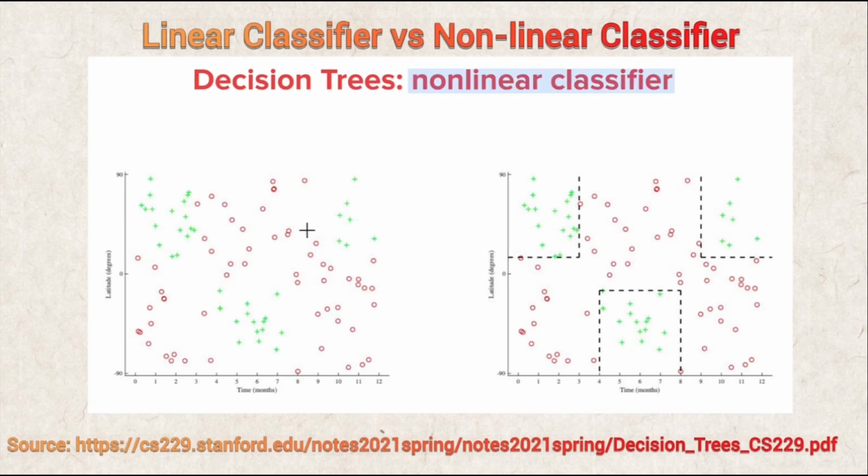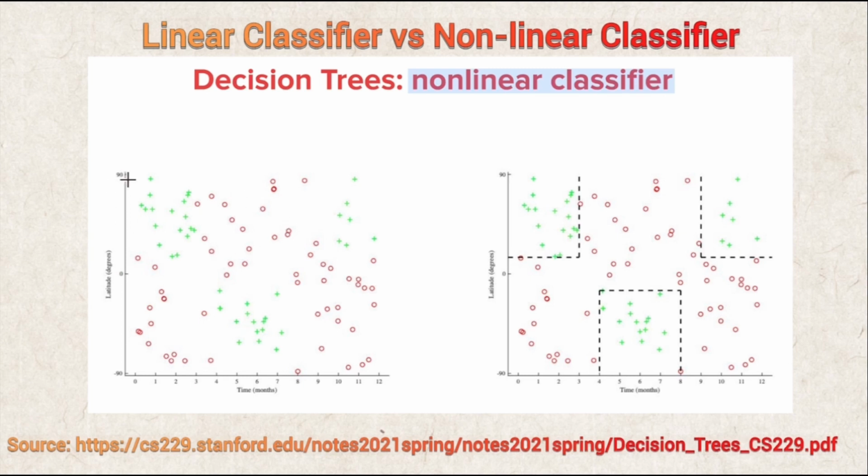In this example, the x-axis is the time in months, January to December, and the y-axis is the geographical location whose latitude is given in degrees. Here we need a classifier to predict whether we can ski or not at a given geographical location and at a given month. So this is the northern hemisphere.